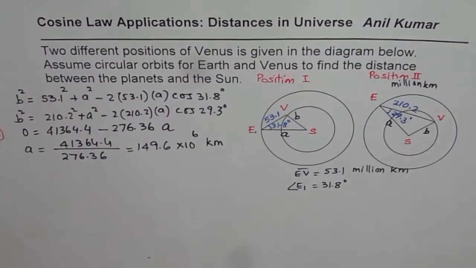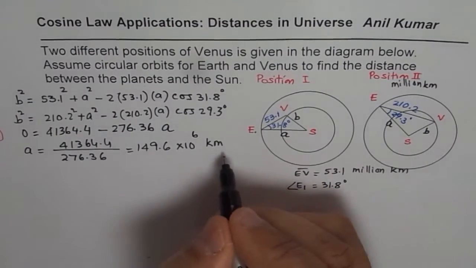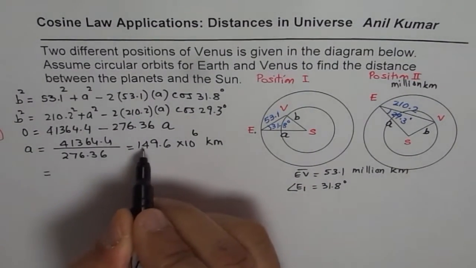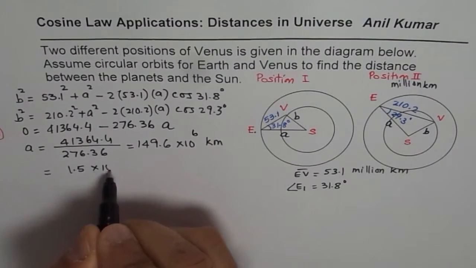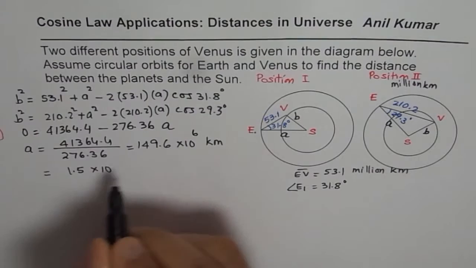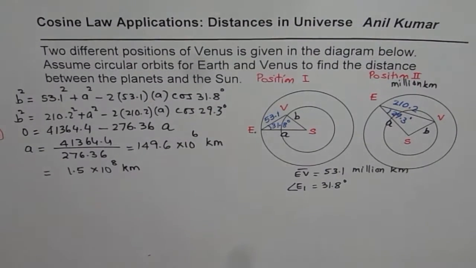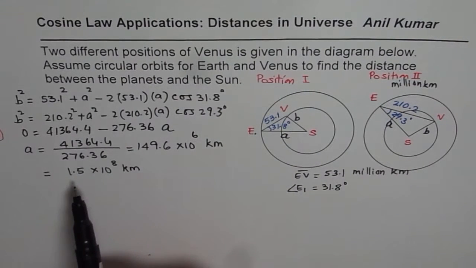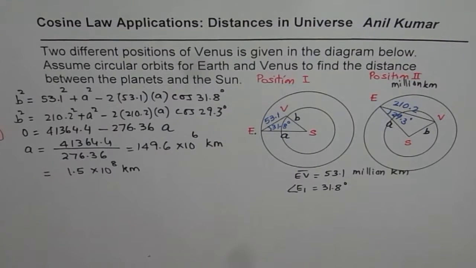We can approximate this as 1.5 into 10 raised to power 8 kilometers. So the distance A, from Earth to Sun, is 1.5 into 10 raised to power 8 kilometers, right?